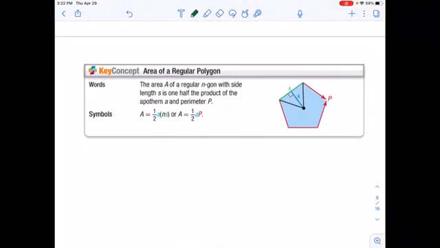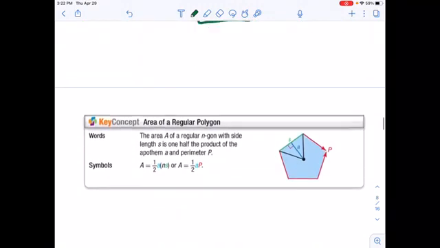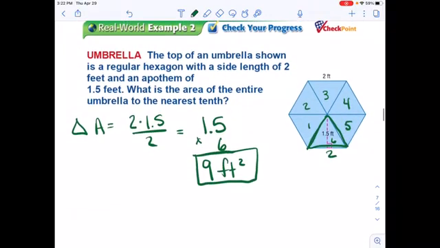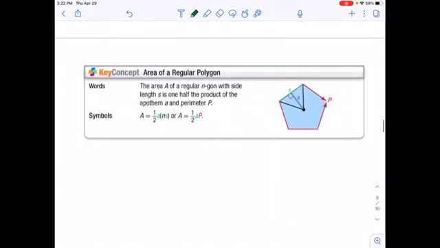Okay, so we actually have an equation. Instead of breaking it into however many triangles there are, you can use the equation to solve. It says the area of a regular n-gon with side length s is 1/2 the product of the apothem and the perimeter. So that is this equation. That's the one I honestly like to use, but this is actually equivalent to that.